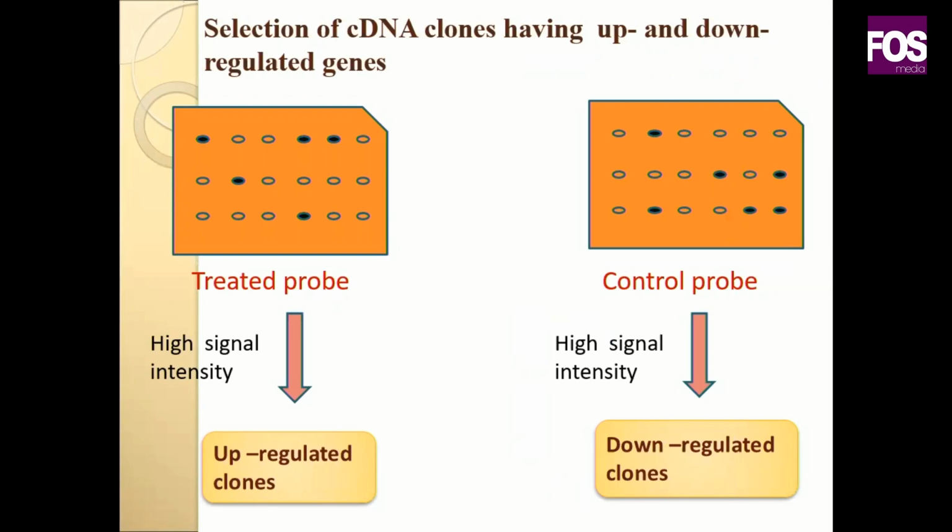That means upregulated genes have a particular biological function during pathogenicity or disease development. The control probe that shows high signal intensity compared to the treated probe means the gene expression was restricted or down-regulated during pathogenicity.